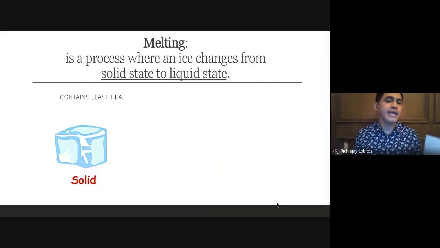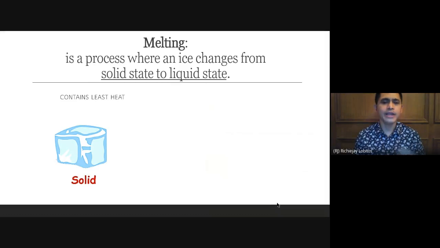Now, when solid state changes into liquid state, we call that process melting. Solid contains the least amount of heat. Its molecules are almost not moving because they're very closely packed together.